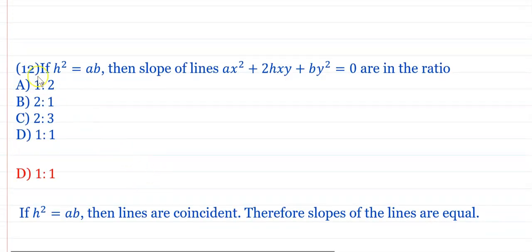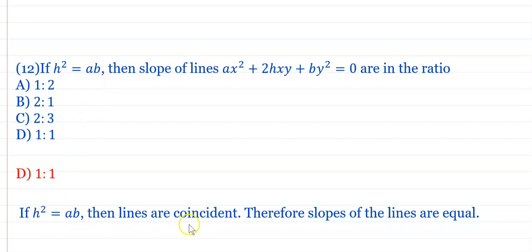Now the next. If h square is equal to ab, then the slopes of the lines ax square plus 2hxy plus by square equals 0 are in the ratio. When h square minus ab equals 0, or h square equals ab, we say that the lines are coincident.